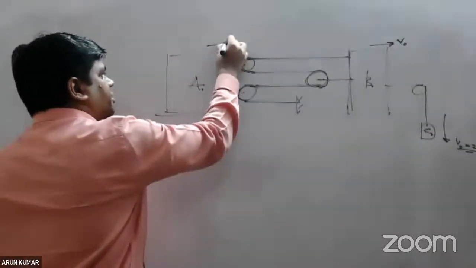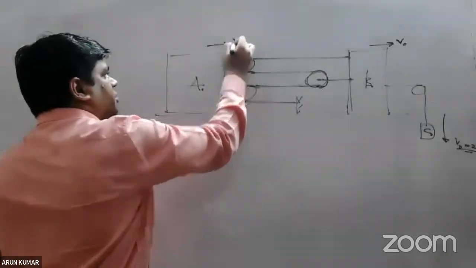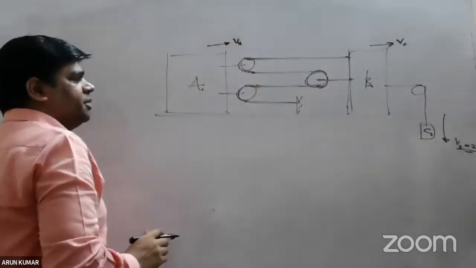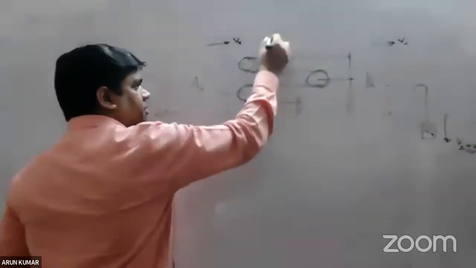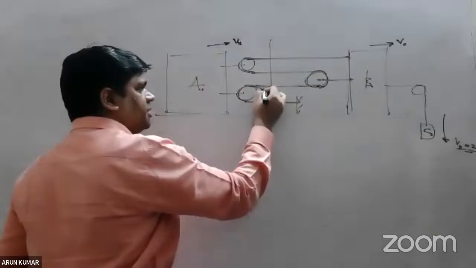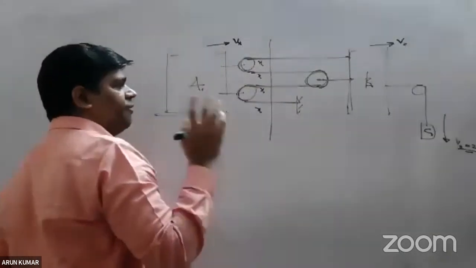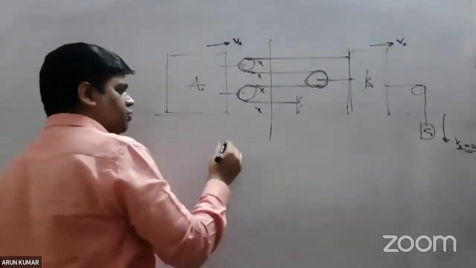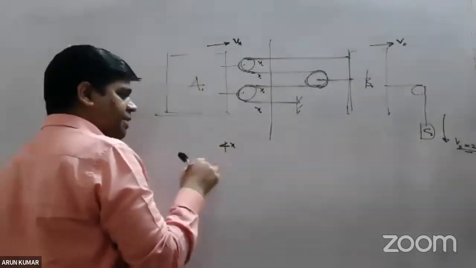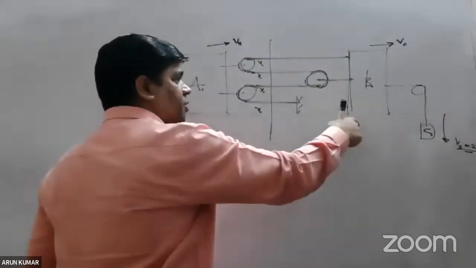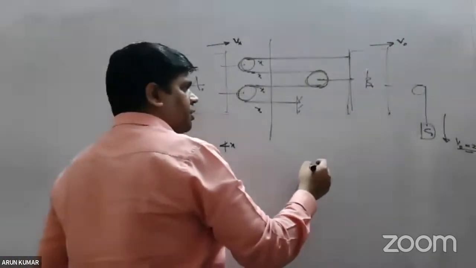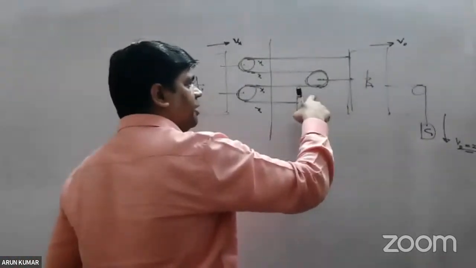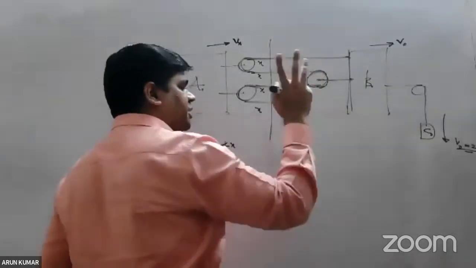Now let this be Vx. Now, look at the students. If this moves by x, the string slackens by x, and x, 4x. So this 4x slackened is tightened by movement of this block, let's say x prime. If it moves by x prime, the string is tightened by x prime, and x prime, 3x prime.